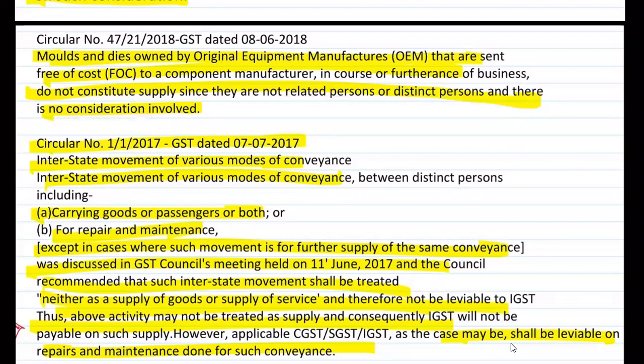So no supply on that. People used to think that if we send all these things also, then it will be considered a supply, but it clarified that it will not be treated as supply.